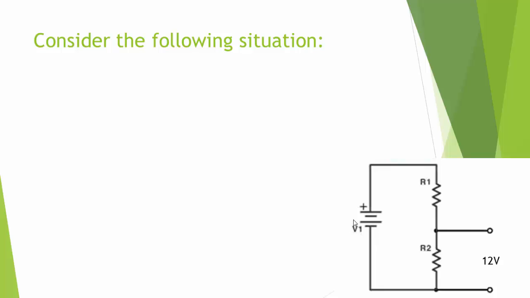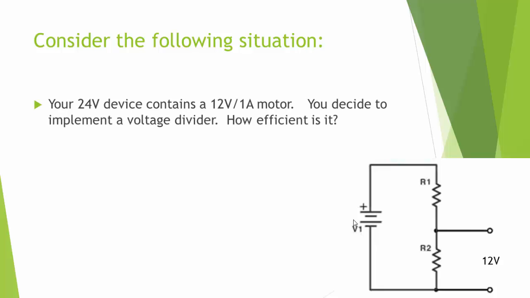So let's consider a situation where we've got this 12-volt, 1-amp motor, because, of course, motors use lots of current. Let's imagine designing a voltage divider to support this application, and let's ask ourselves, how efficient would it be?